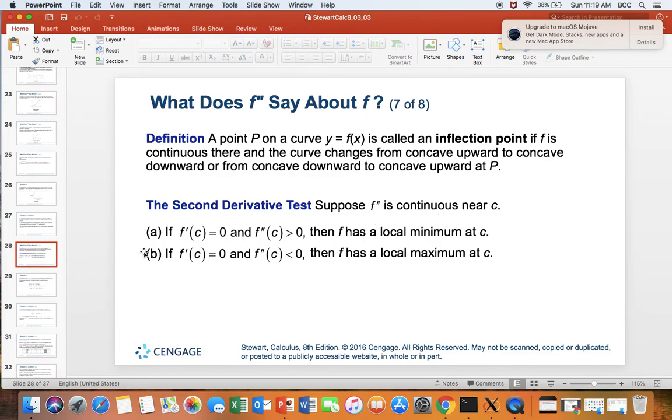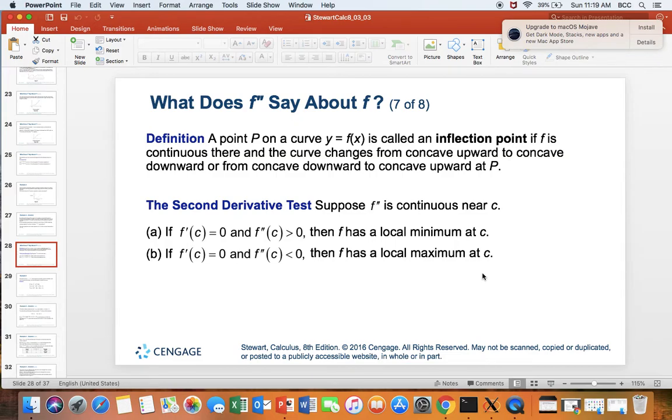Now, if f prime at c equals 0, that means c is a critical number, and f double prime is positive, then f has a local minimum. If f prime at c is 0, that is c is a critical number, and f double prime is less than 0, then f has a local maximum at c.